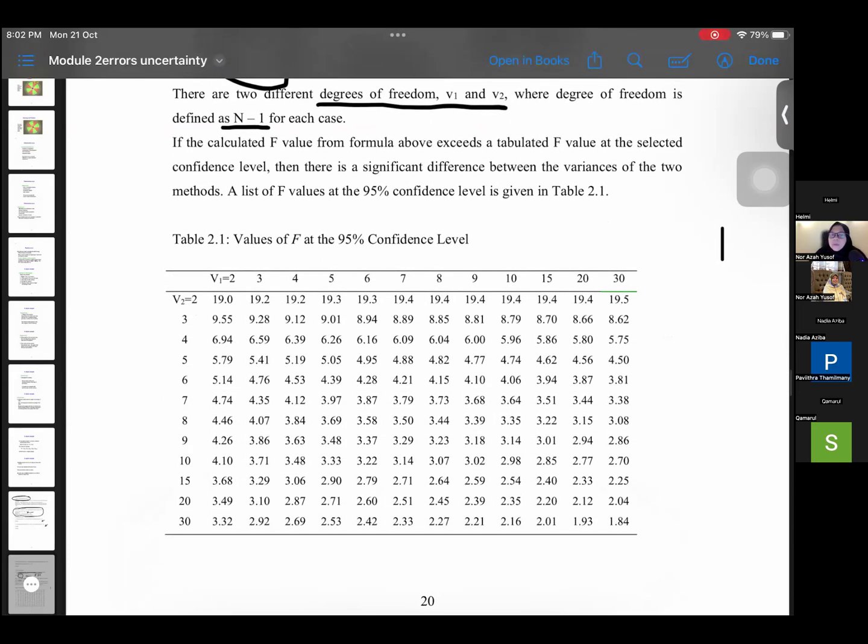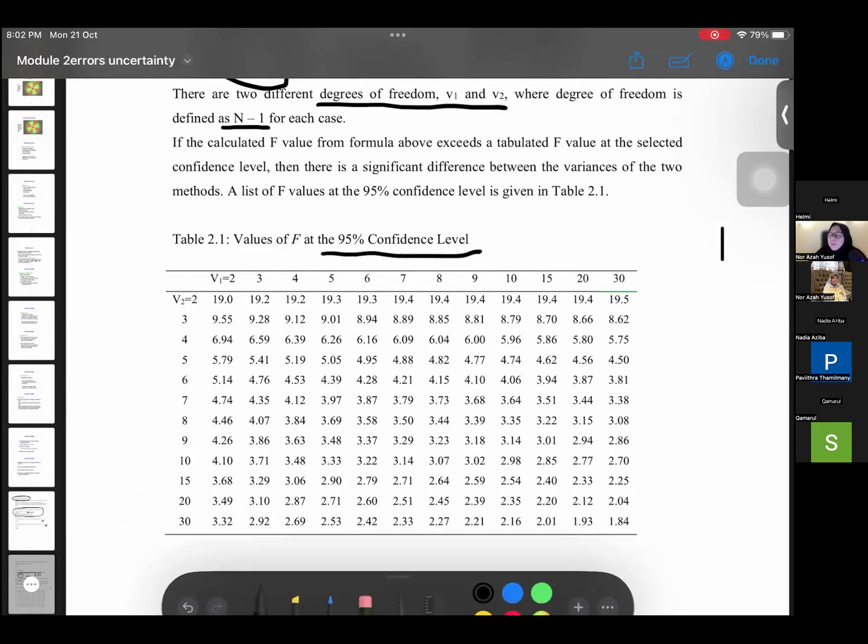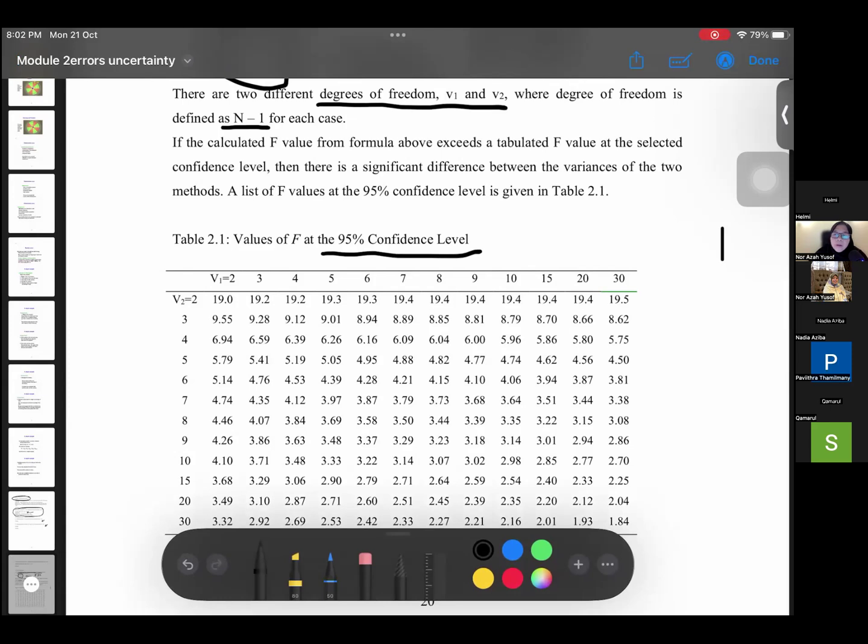And you have to familiarize yourself with the usage of the values of F from the F table. At the end of the lecture, I'll also be giving you an assignment to do by yourself about confidence level. So now, this is degree of freedom.